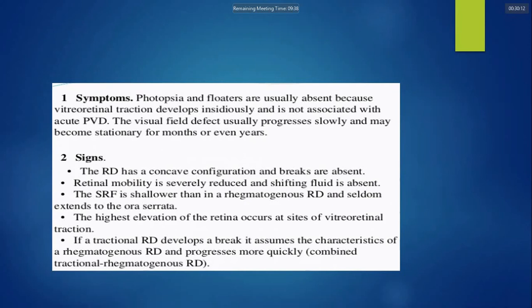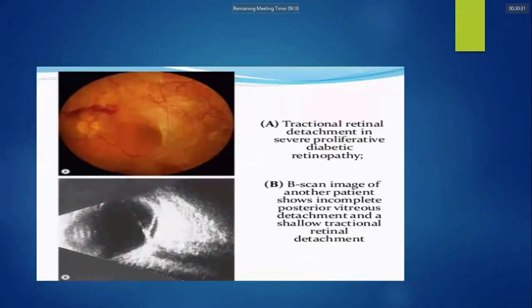The signs of retinal detachment are somewhat the same, but over here you will see shifting fluid, depending upon the different positions. So these are the pictures showing the traction retinal detachment.